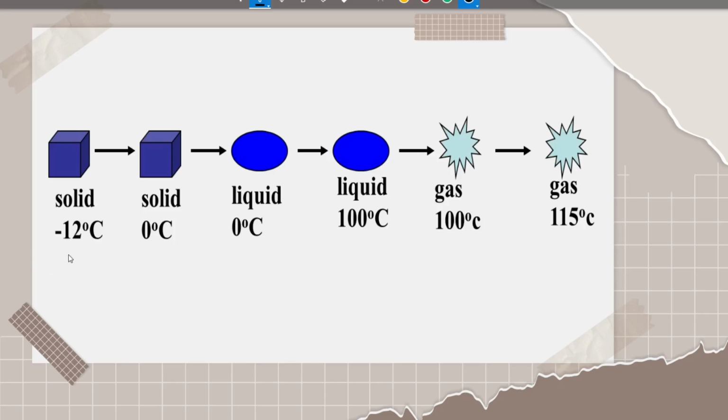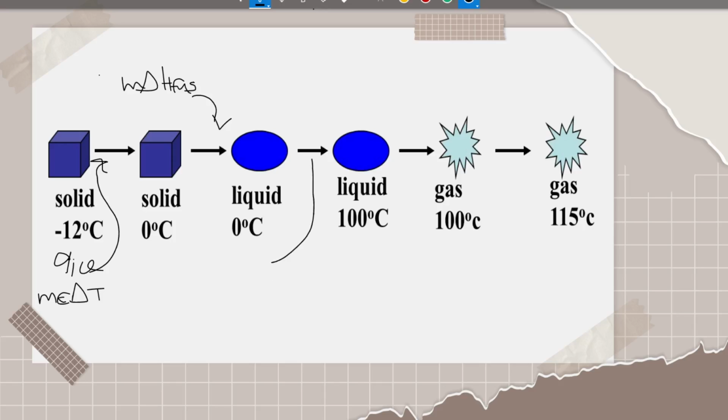And so here, we're looking at Q ice, which is just going to be m c delta T. When we're going from a solid to a liquid, that's going to be delta H fusion, and we're going to multiply that by m.